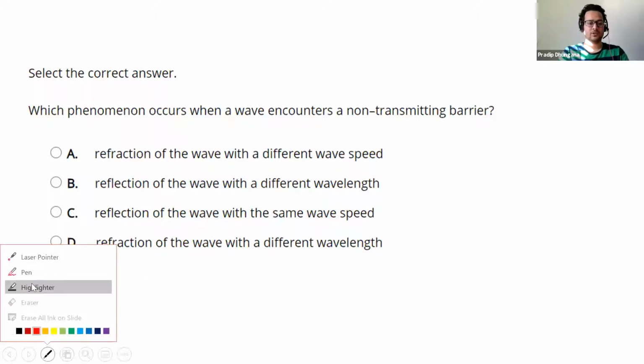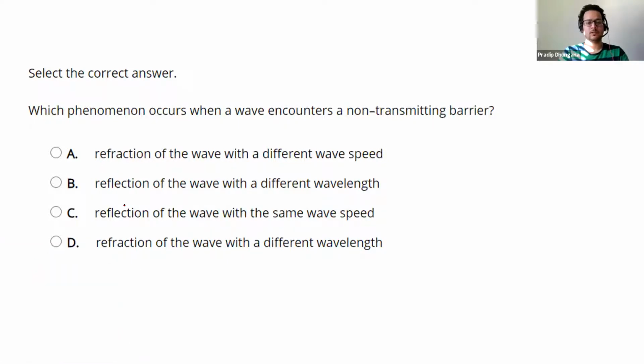The correct choice for this problem is the reflection of the wave with the same wave speed. The correct choice is C. Refraction only occurs when a wave transmits through that barrier, like from one medium to another medium.